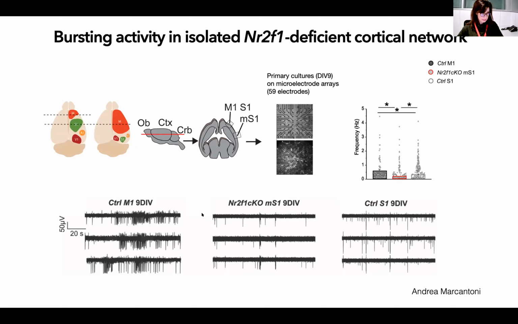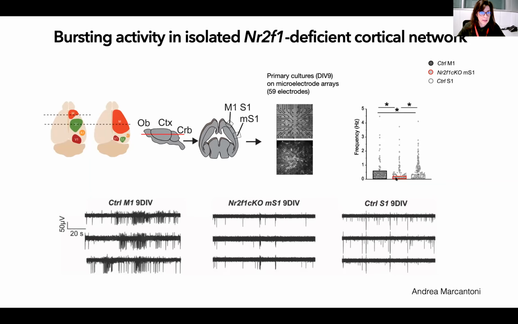So when we did this, we saw that in the motor control cortex, the first time point at which we observed coordinated activity was at day in vitro 9. And at this stage, we observed that the motor cortex was having a higher frequency of synchronous events when compared to the other two structures, either somatosensory control or motorized somatosensory mutant cortices.